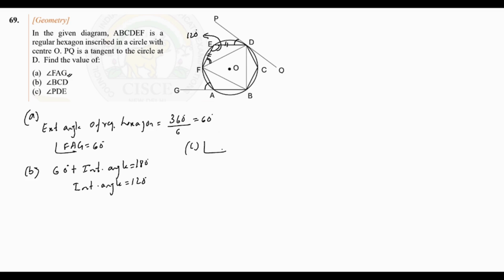So I can say angle PDE is equal to angle EFD, that is the alternate segment theorem. Then EFD is how much? It is going to be 180 minus 120 divided by 2, 60 divided by 2, that is 30 degree. So I can write that PDE is equal to 30 degree.